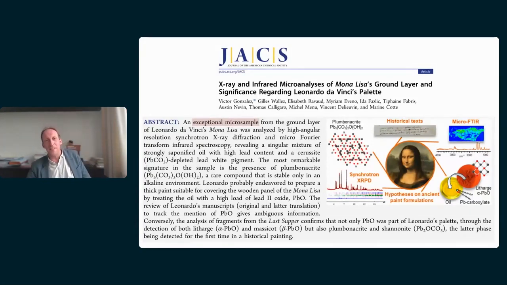Actually, if we look at the abstract of this particular paper, already the first words deal with microsampling. And it reads, an exceptional microsample from the ground layer of Leonardo da Vinci's Mona Lisa was analyzed by high angular and so on and so on. So actually, we are dealing with microsampling here in this scenario.